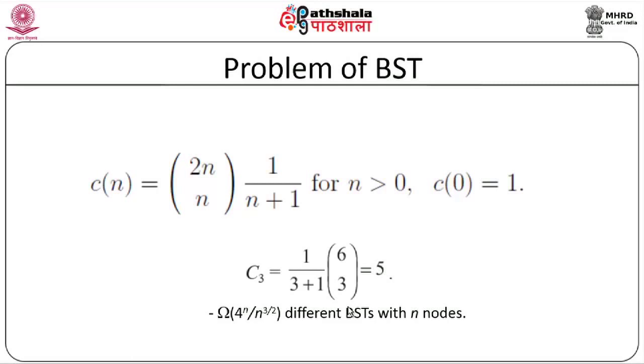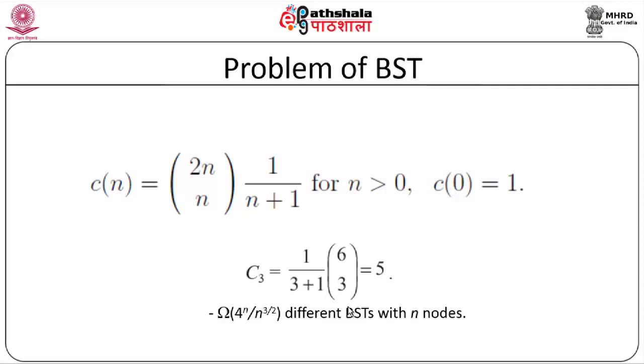It is going to be omega of 4 power n divided by n power 3 by 2. In other words, this is going to be an exponential problem, and as n increases, the number of possibilities becomes more and more, and it is practically difficult to implement these sorts of problems.